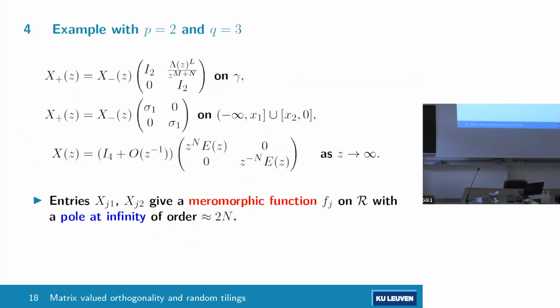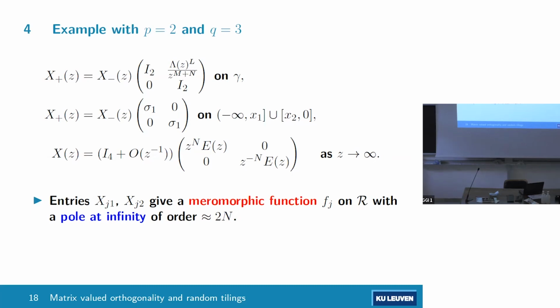Okay, now how can this be seen as a meromorphic function on the Riemann surface? If you take a row of X and look at the jth row, take the first 2 entries of the jth row, xj1, xj2. This jump matrix tells you that they're analytic across the contour gamma.